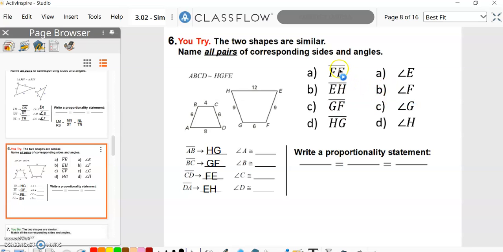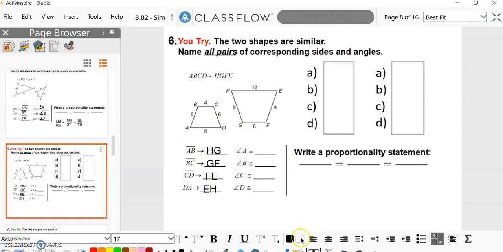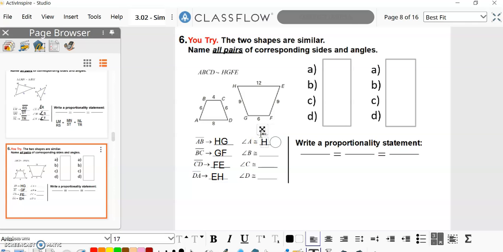Oh, I guess I want you to drag these down. I'm kind of confused on what that's there for. And then angle A is similar to angle H. And then angle B is similar to angle G. Angle C is similar to angle F. And finally, angle D is similar to angle E, like so.